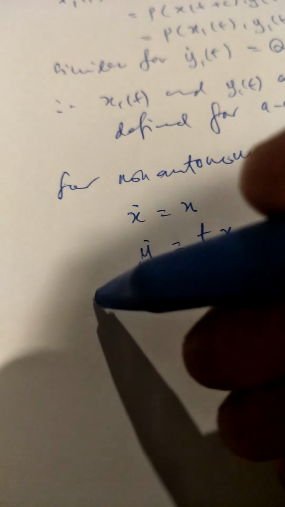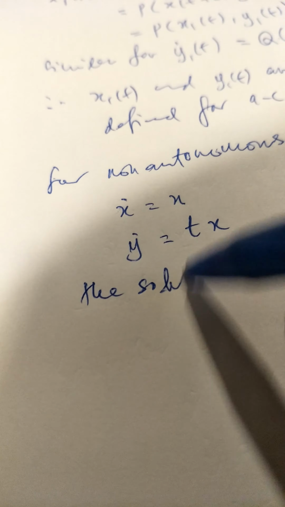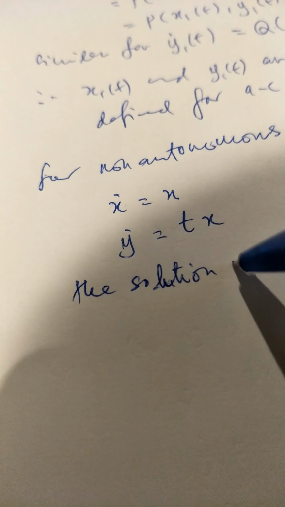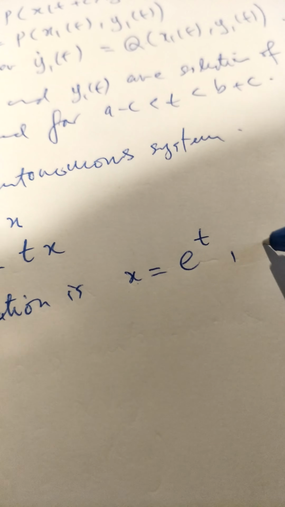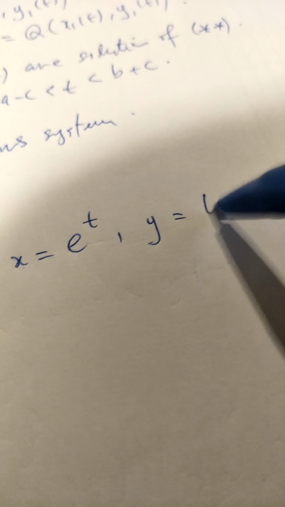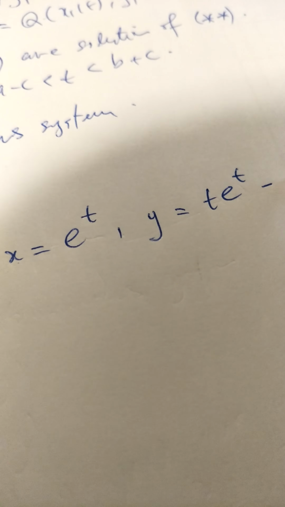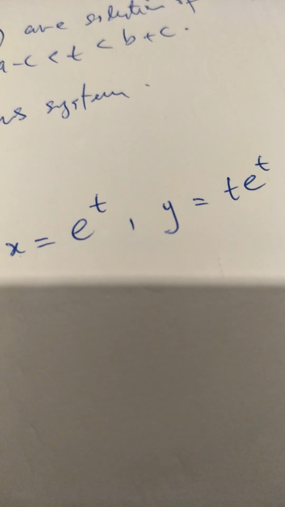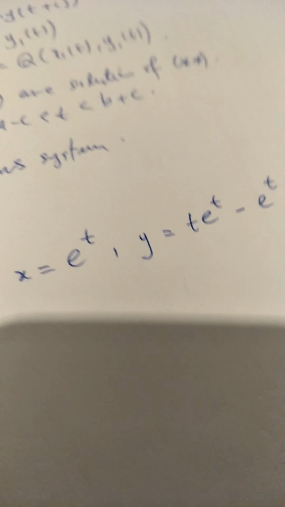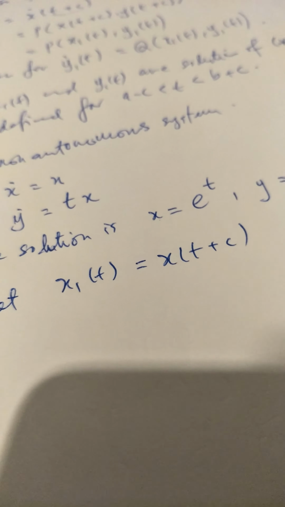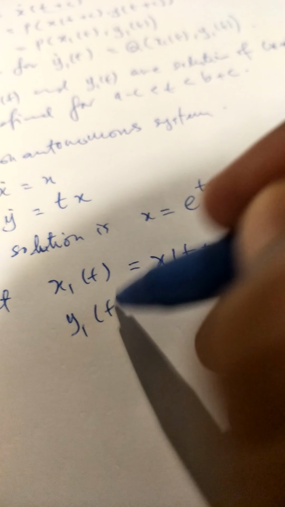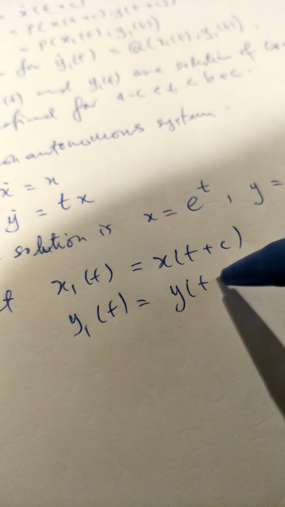So the solution is given as x equal to e^t, y equal to t e^t minus e^t. If we let x1(t) as x(t plus c) and y1(t) as y(t plus c).